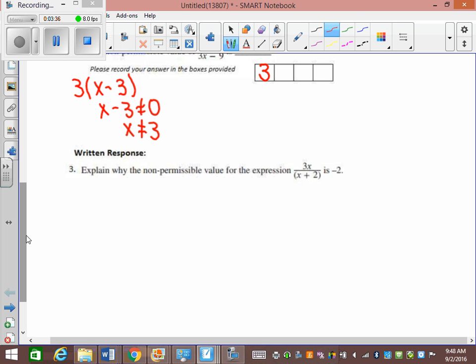Explain why the non-permissible value for this expression is x equals -2. How can we explain that? The denominator can't be 0. So we could say the denominator, or the bottom, can't equal 0.